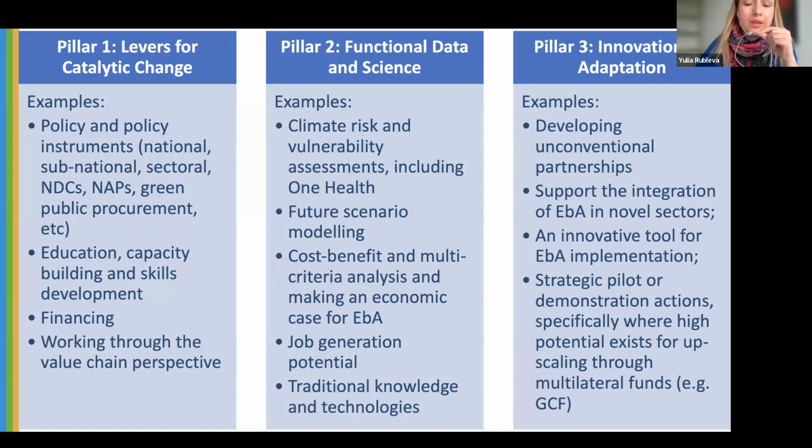And last but not least, another lever here is working through the value chain perspective of a sector or a commodity to define entry points for change and ensure the adoption of EBA, diversify business models, and incentivize private sector collaboration.